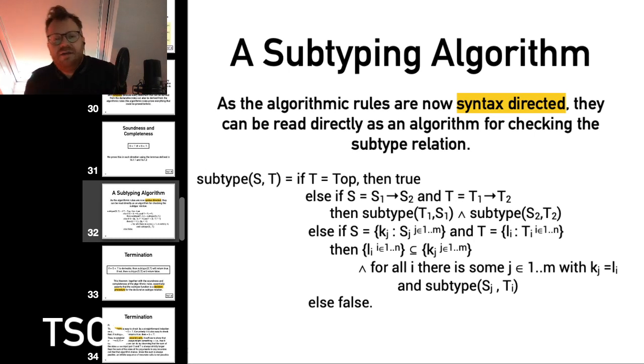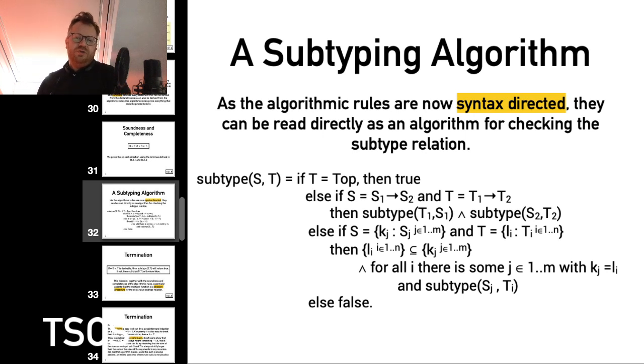And then the other cases say, okay, else if S is this function type from S1 to S2 and T is this function type from T1 to T2, then you recurse into the subtyping algorithm for T1 and S1 and the subtyping algorithm for S2 and T2.